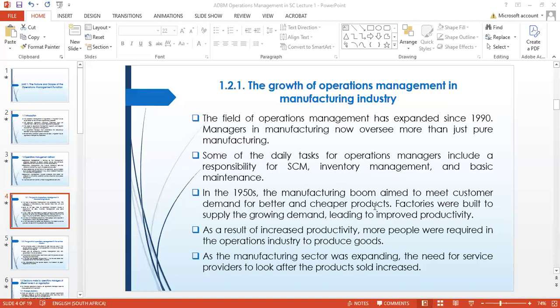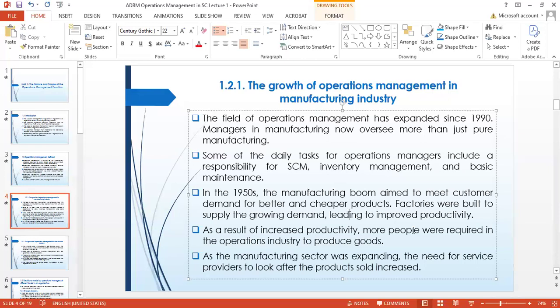So we were seeing the growth in production and in demand in the 1950s, which led to businesses building more factories to provide more goods and services to the consumers.